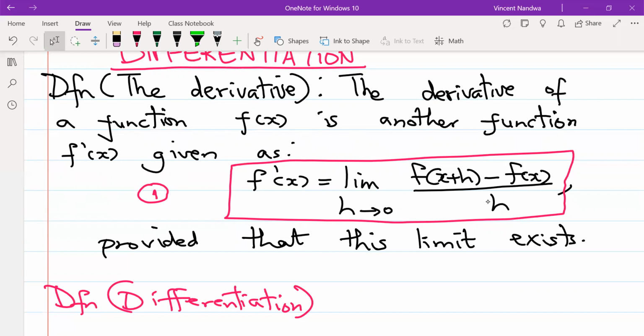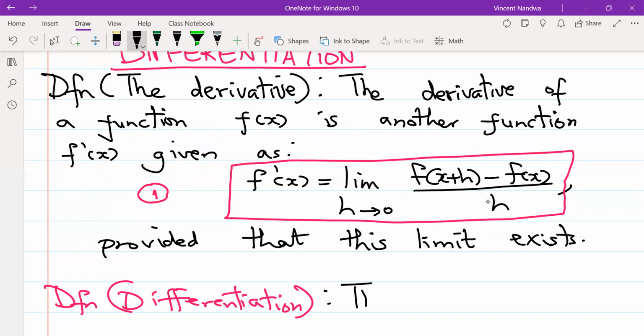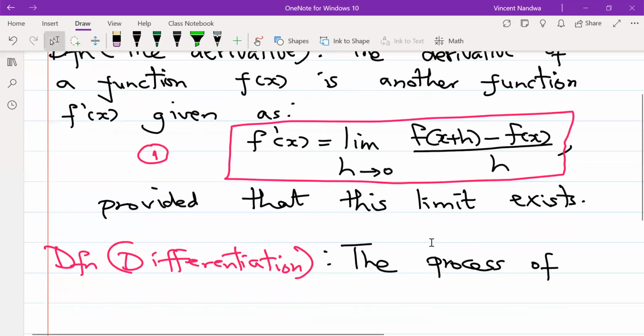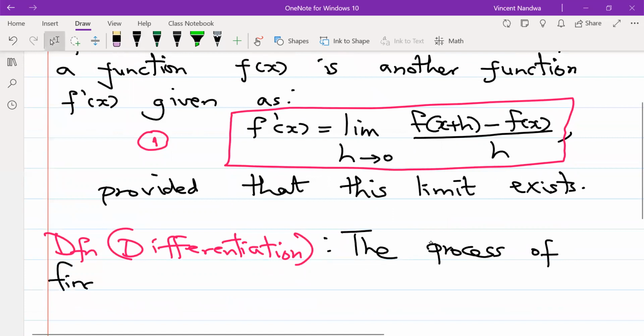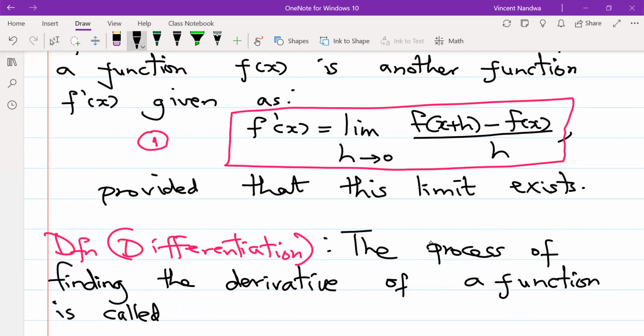The process of finding the derivative of a function is what we call differentiation.